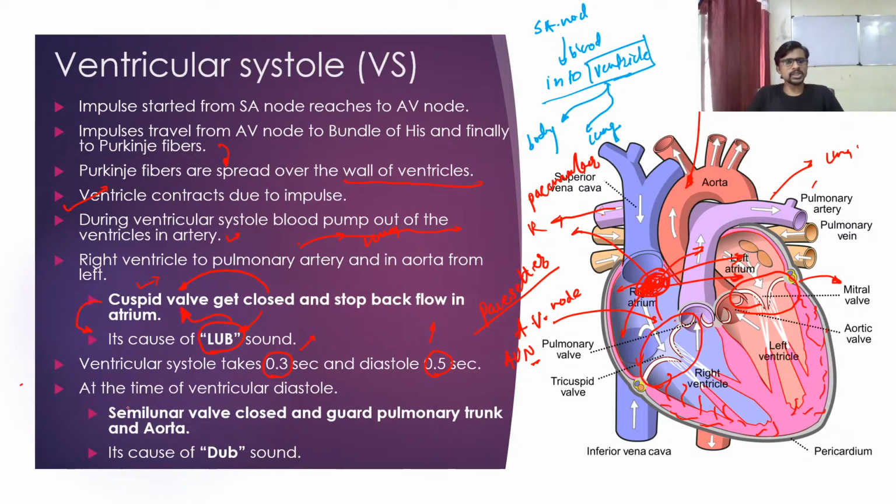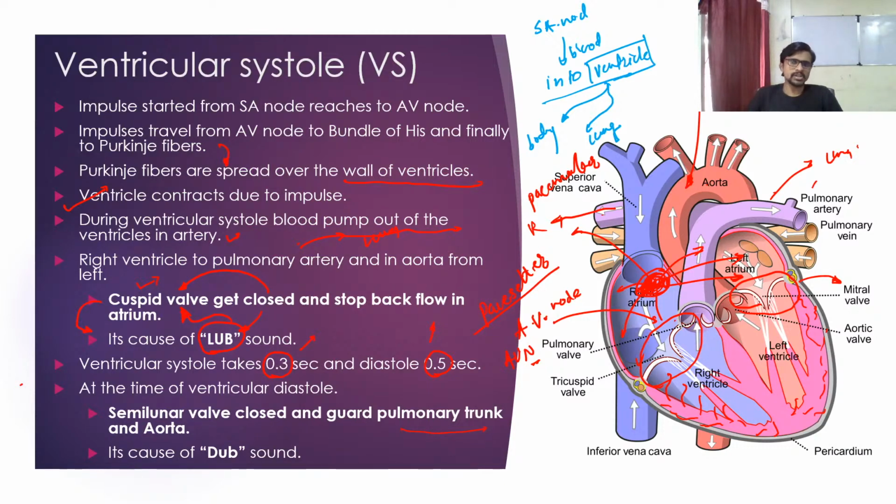Okay, so here are the semilunar valves which close and guard the pulmonary trunk. The pulmonary trunk means the pulmonary artery which is moving out of the right ventricle, and the first part of the artery we call the pulmonary trunk. And the aorta is the largest artery which is coming out of the left ventricle. So these arteries are guarded by valves.